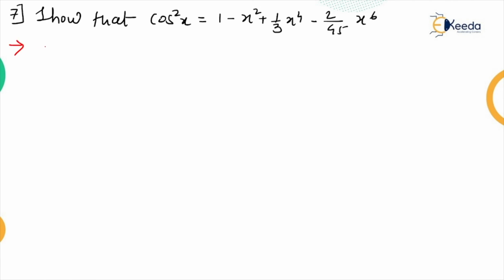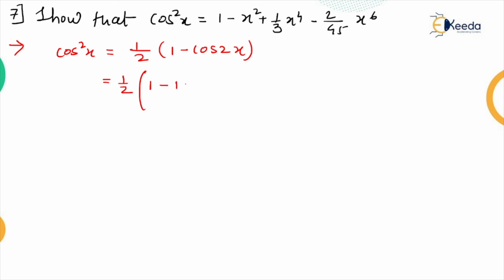You know that the formula is very easy: cos square x is 1 by 2 in bracket 1 minus cos of 2x. Now in the bracket, write the series expansion for cos of 2x.